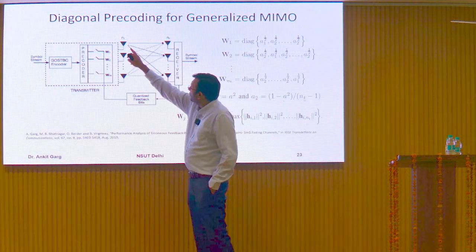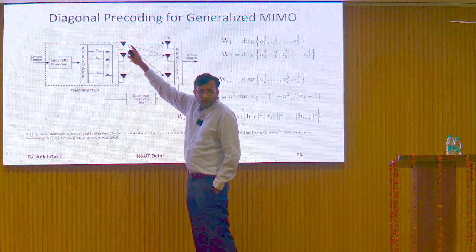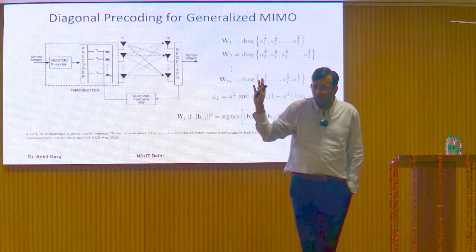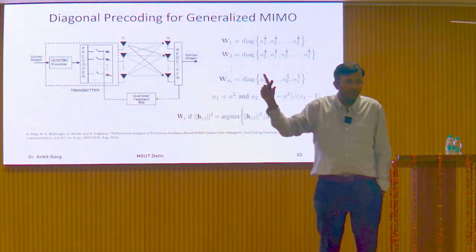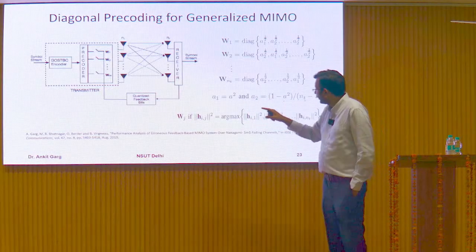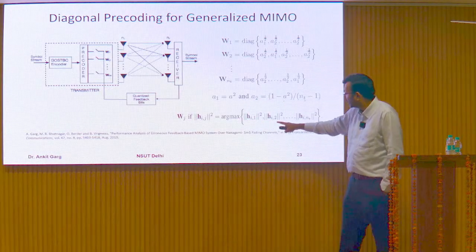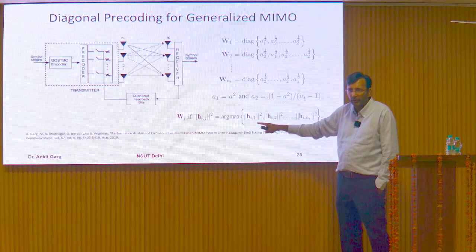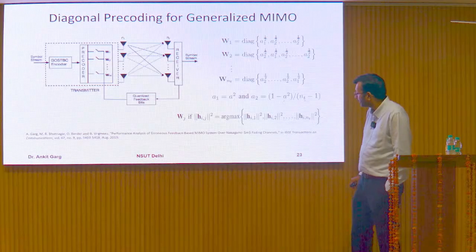We would sum all these channel gains which attach from a single transmitter to all the receivers. We add up all these channel gains and find out which one would be the maximum. This norm square is the addition of the mod square in terms of vectors, right?